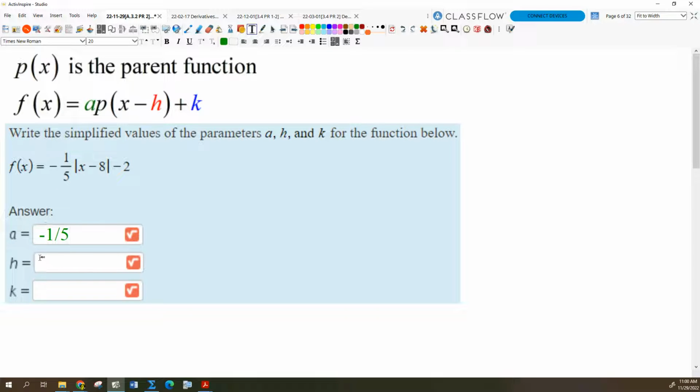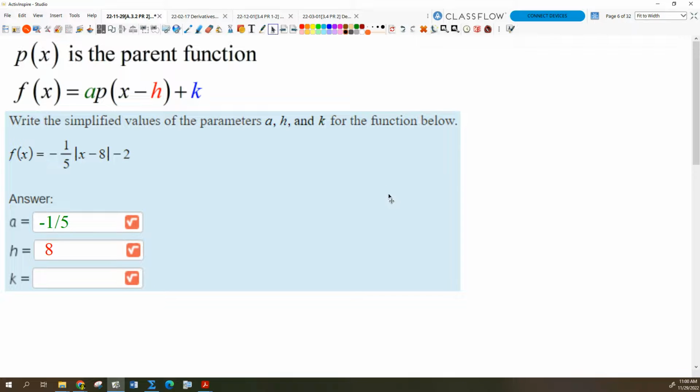What's the value of h going to be? Okay, now is it 8 or negative 8? There's the question. 8. It's positive 8 because look, h is the number that's being subtracted from x. That is tricky. That one always gets people. You see how that one's sort of backwards from what you would expect?